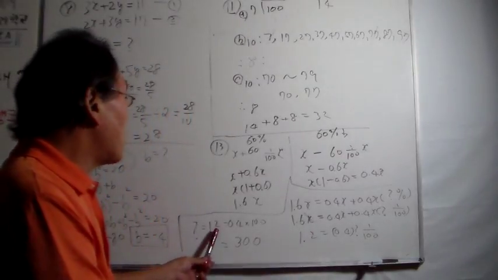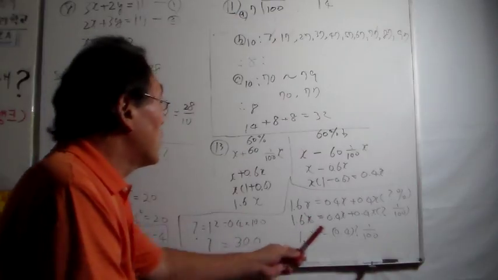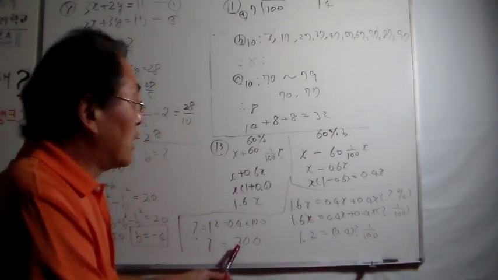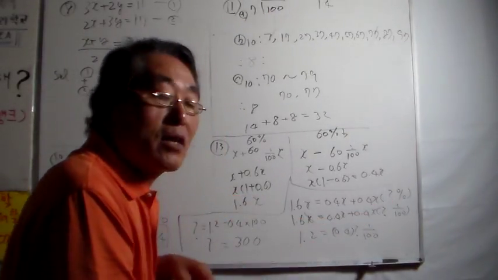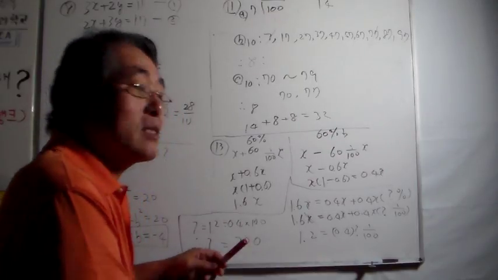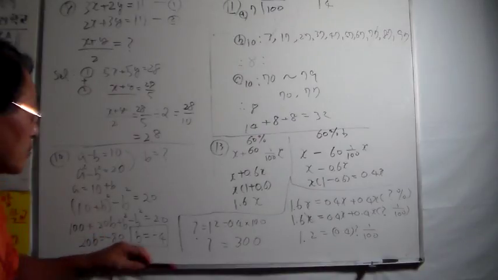So the question is 1.2 divided by 0.4 times 100. So the question is 300. That means once you plug it in, you have to mark up 300%. This is a good way you can solve the problem.